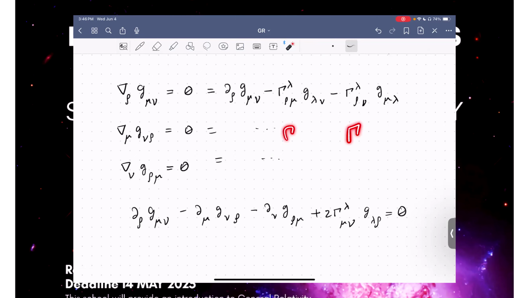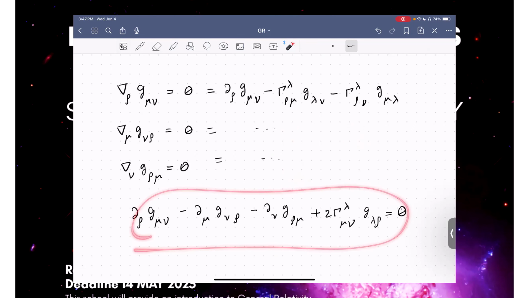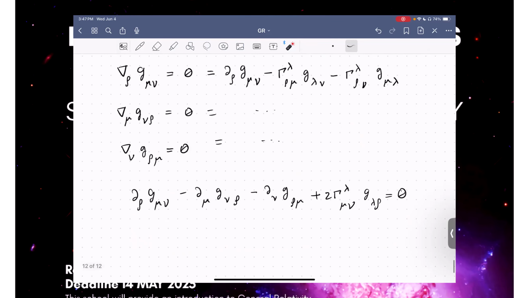So here you have some gamma, here you have some gamma, and you have to swap the positions of some of the indices in order to get to this expression, because that will allow you to cancel some of the expressions. So here we are using the torsion-free connection.